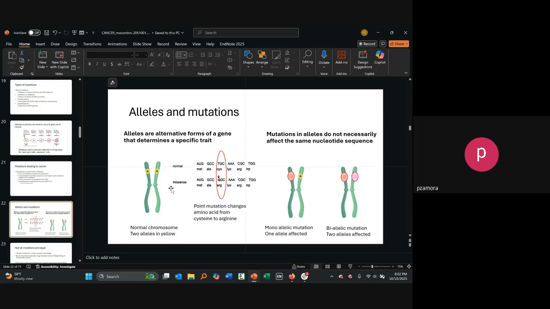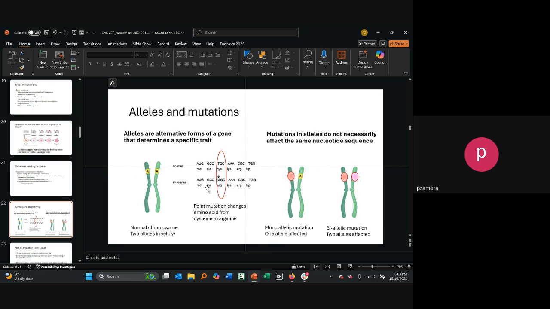If you then have a point mutation, and here we're changing this T to a G nucleotide, to guanine, that changes the amino acid sequence that comes out of it from a cysteine to an arginine amino acid. While you're changing only one amino acid here, this change from cysteine to arginine is, on a molecular level, a very, very dramatic difference.